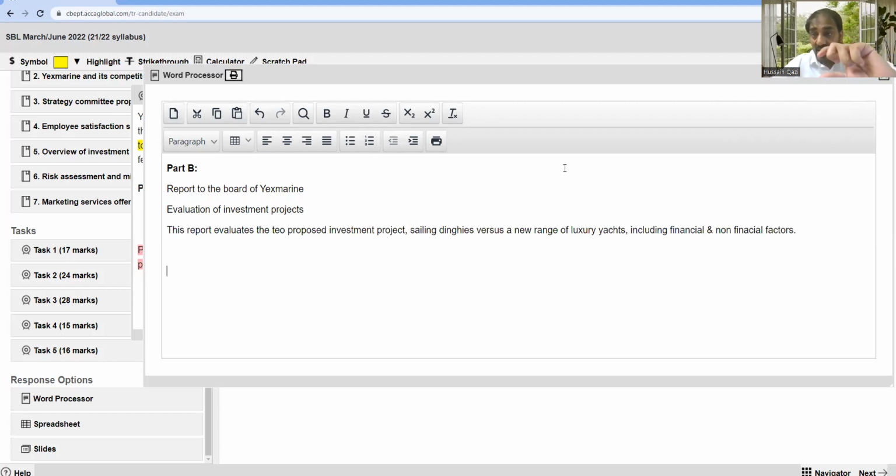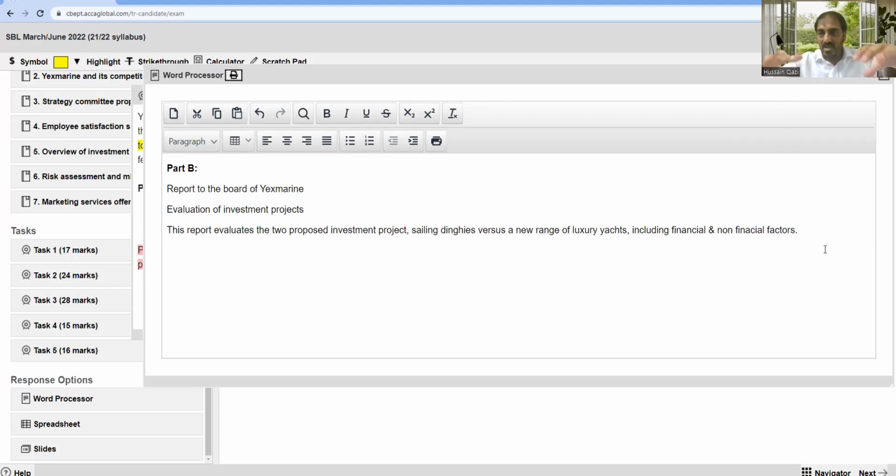In fact, rearrange the sentence of the requirement. Just use the requirement sentence. This report evaluates the two proposed investment projects, sailing dinghies versus a new range of luxury yachts, including financial and non-financial factors.